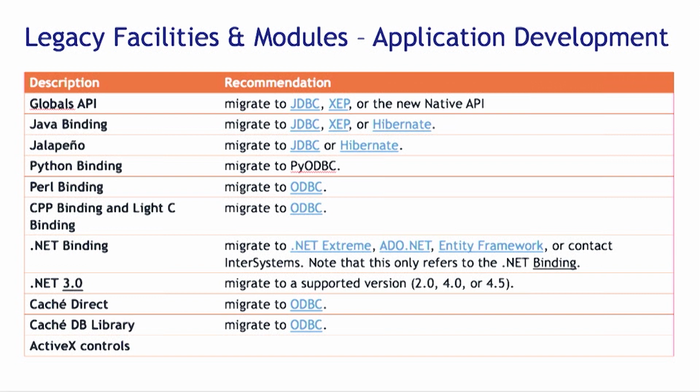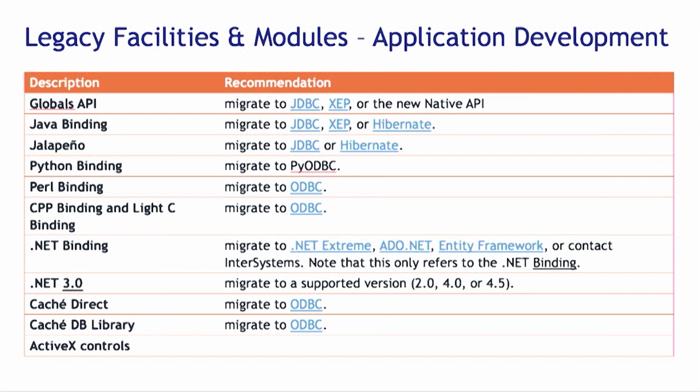So some of the things that have been removed, here are some lists of it, the Globals API. What we tried to do when we say here what we removed, is also give a recommendation of what we think is most likely going to be the candidate for replacement if you use this. And there are a few things on here that are really important that all customers are moving away from, right?